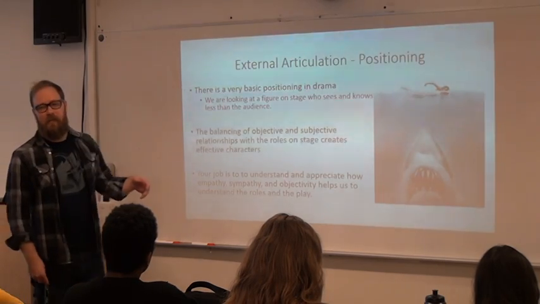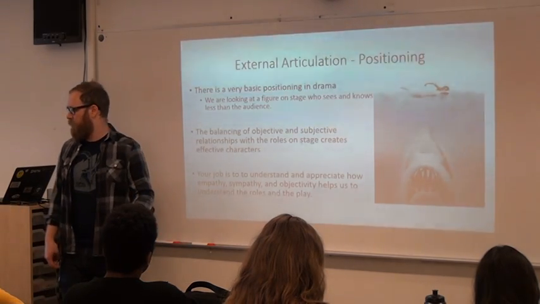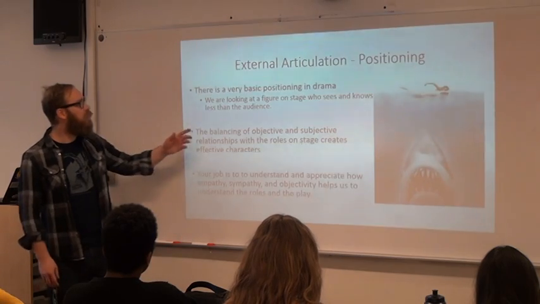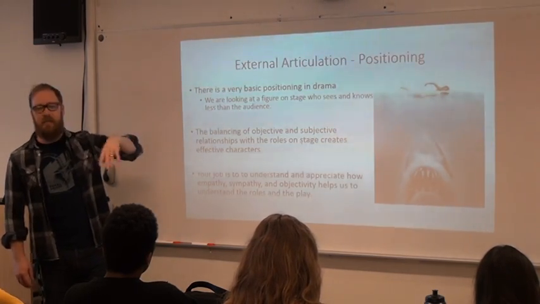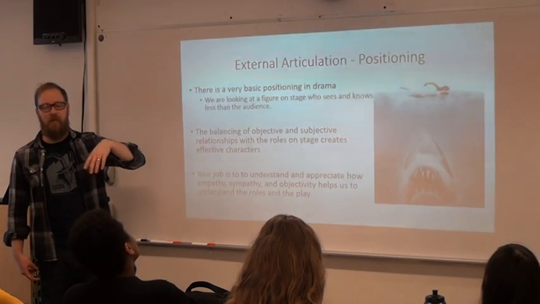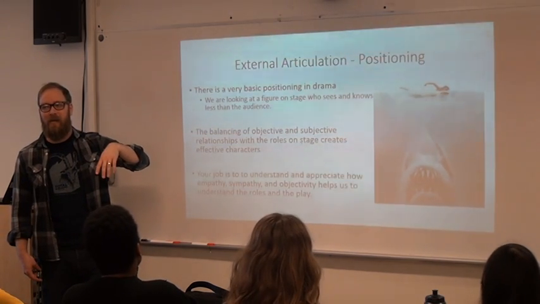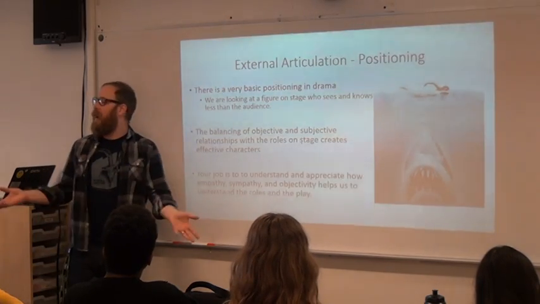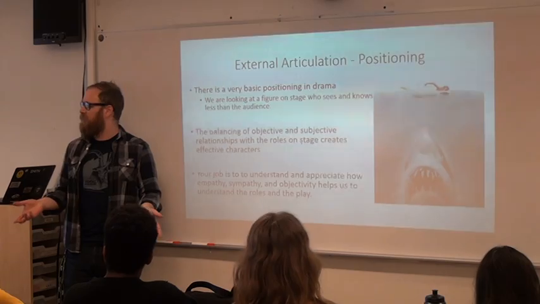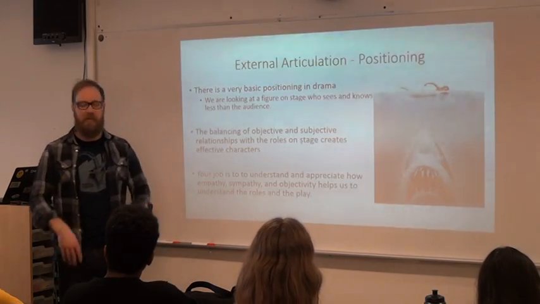When it comes to positioning, drama's pretty straightforward, unlike the other genres. We are looking at a figure on stage who sees and knows less than we do. What's that called again? Dramatic irony, right? Everything about drama is sort of based on this concept, at least traditional drama, your postmodernists start to mess with it.